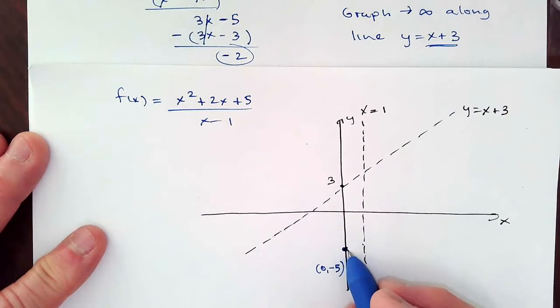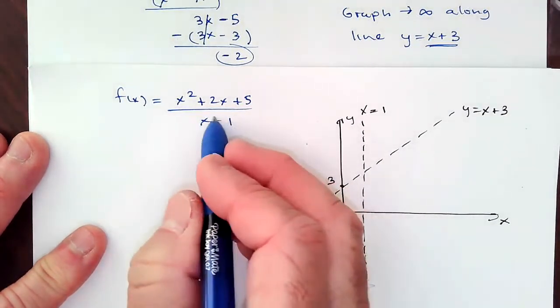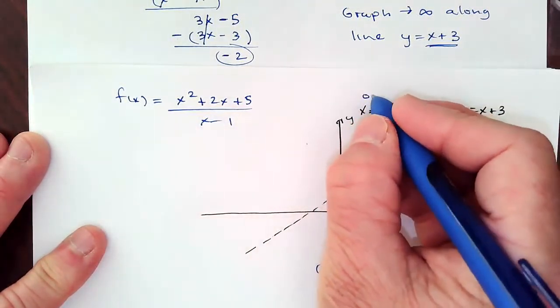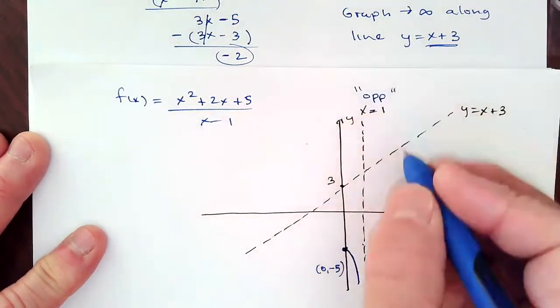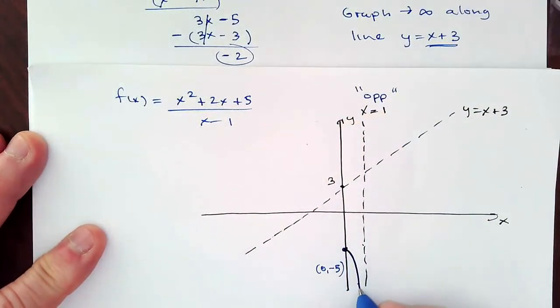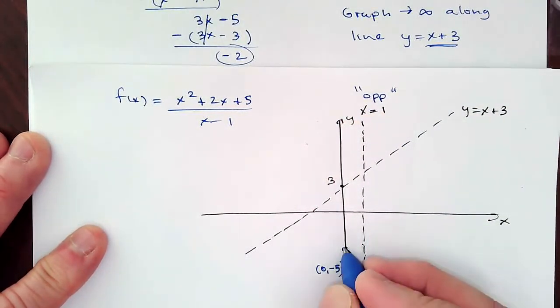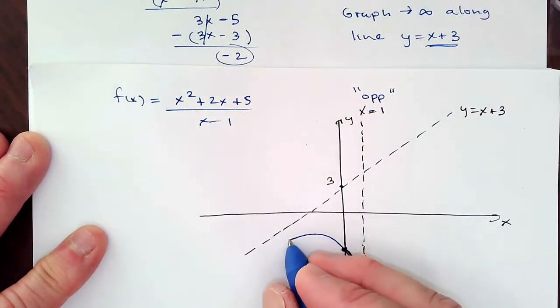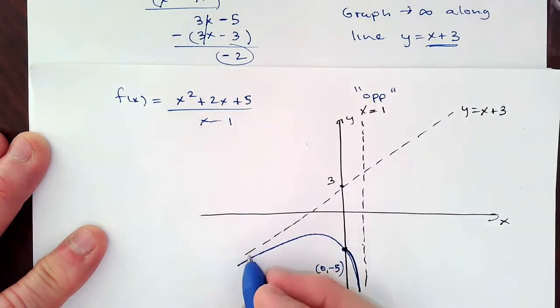Remember the idea of a vertical asymptote being classified as opposite? On this side, the graph goes down. It bends around, it doesn't have any x-intercepts, and then it starts to approach this tilted asymptote.